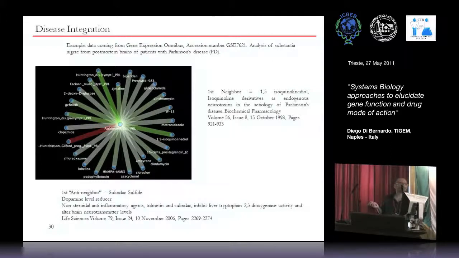The drug that was most similar to this Parkinson signature was isoquinoline, I think is pronounced, which we found is used in mouse models to induce Parkinson-like symptoms. Instead, the most anti-similar was sulindac sulfide, which is a dopamine level reducer.